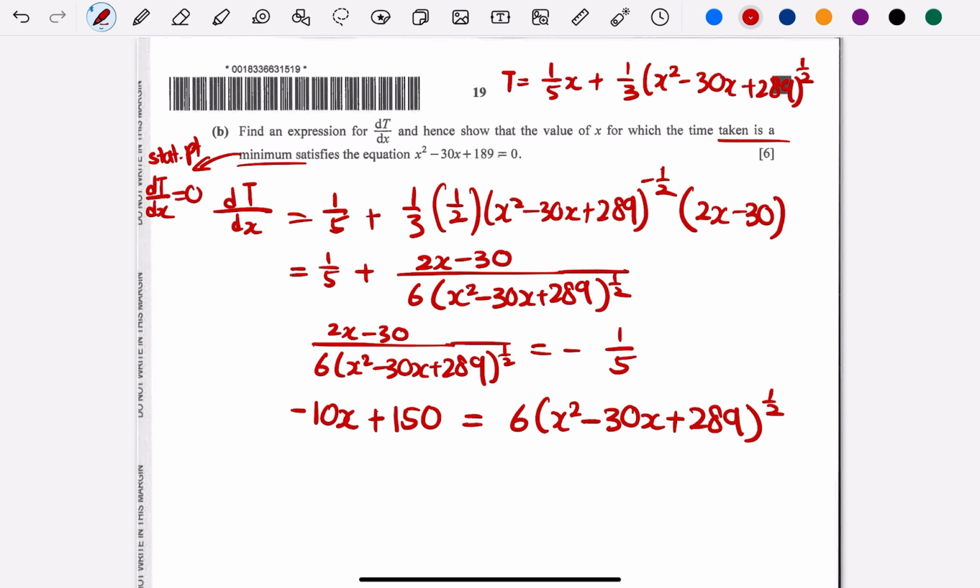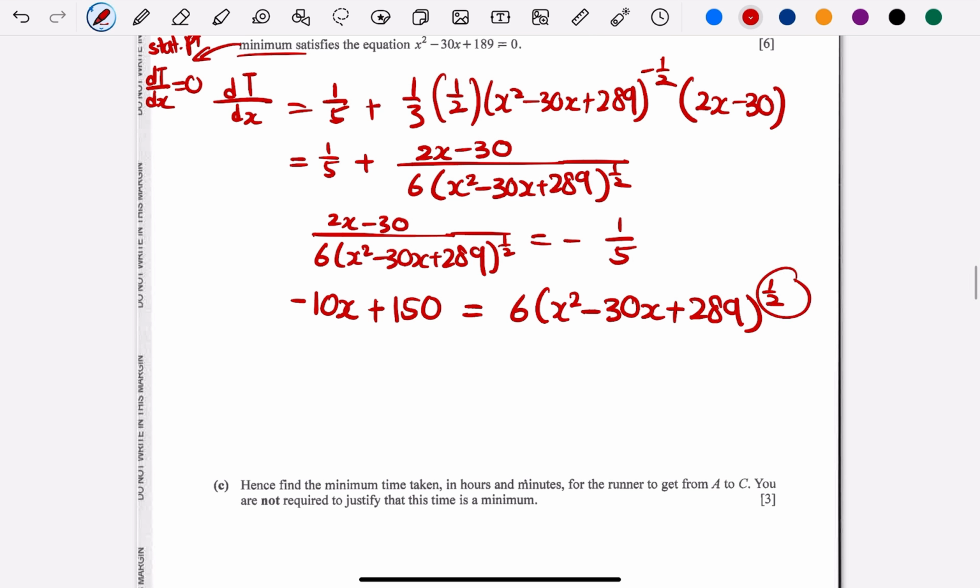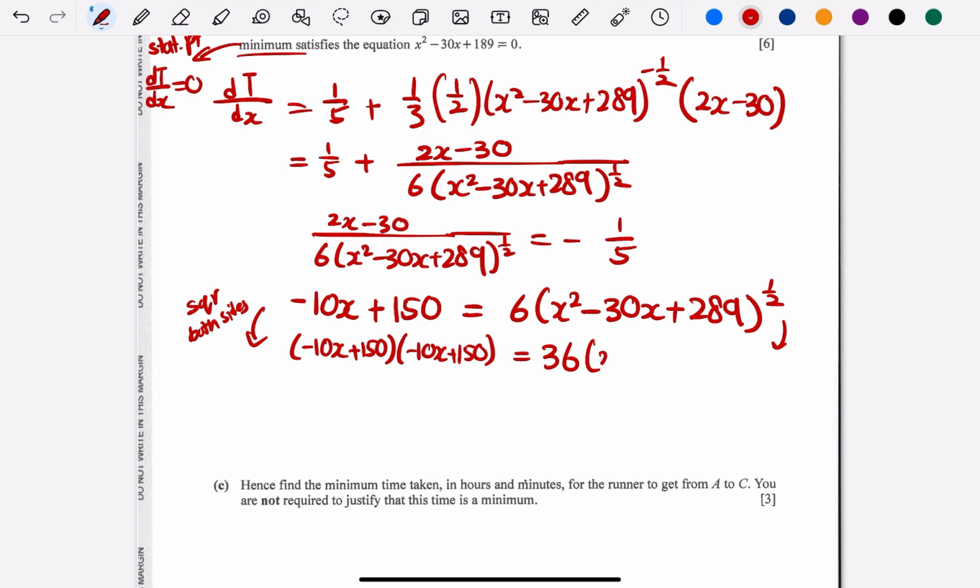Okay, here we're going to square both sides because we want to get rid of the square root. So by squaring both sides, I'm just going to write it out first. (Negative 10x plus 150) squared becomes 36 times (x squared minus 30x plus 289).